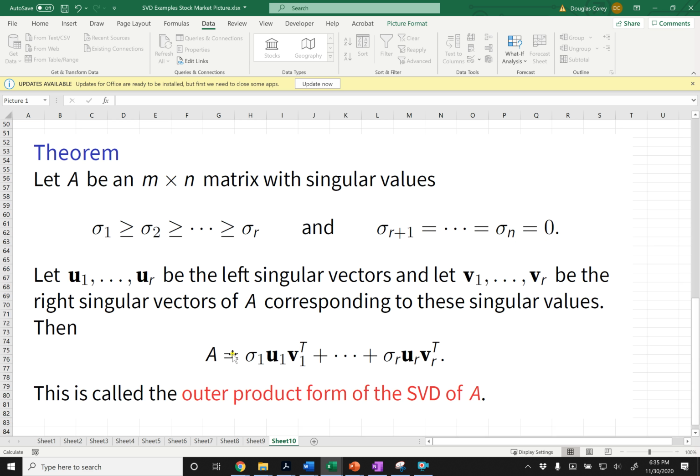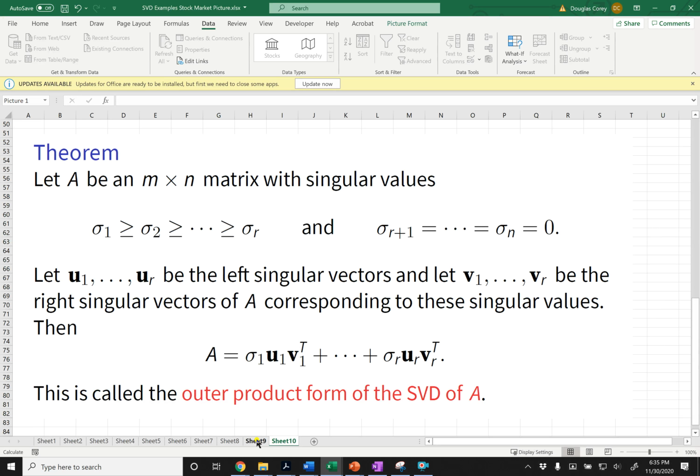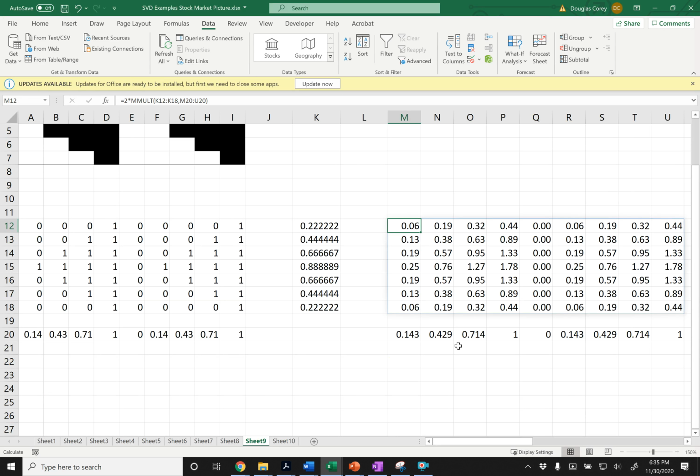The other place is it helps you to see the structure of something that might just be too big and unwieldy. So for example, if we go back to this picture, what I'm talking about is this right here.